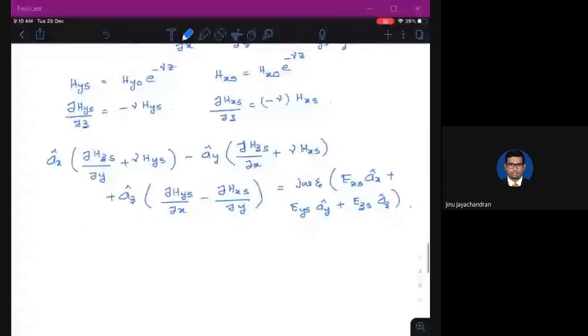Again, we are going to equate the components of AX cap, AY cap, and AZ cap separately from both sides.